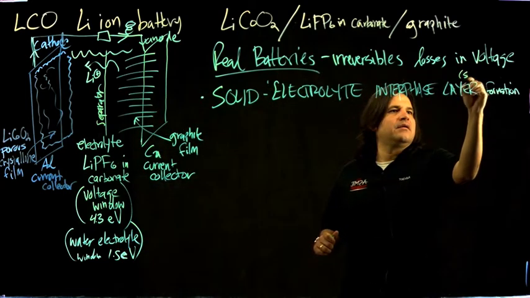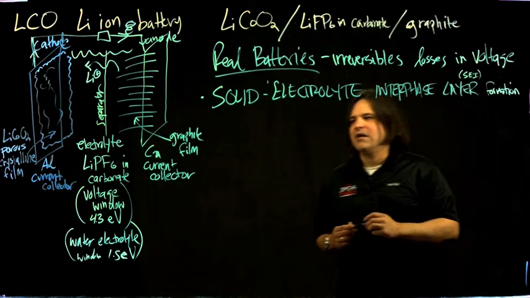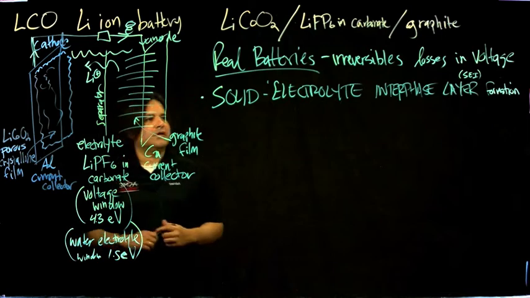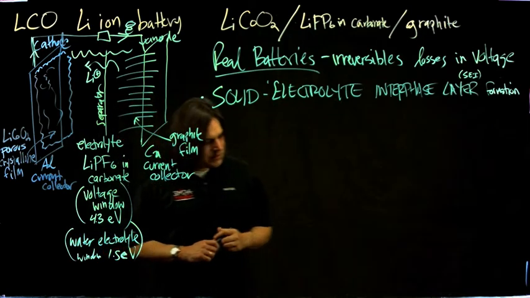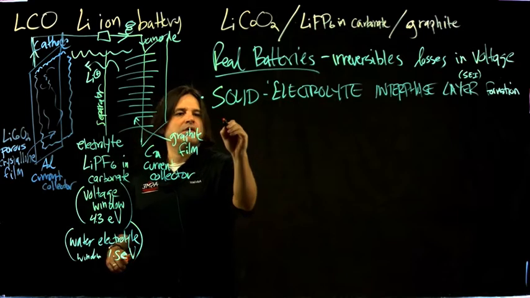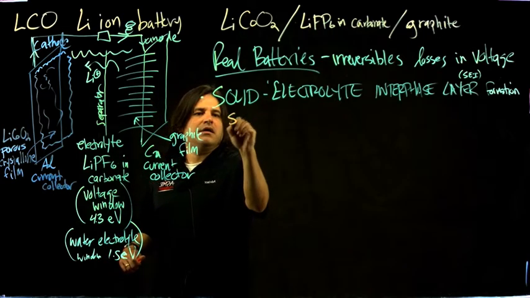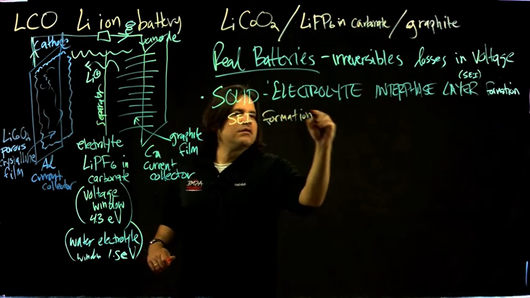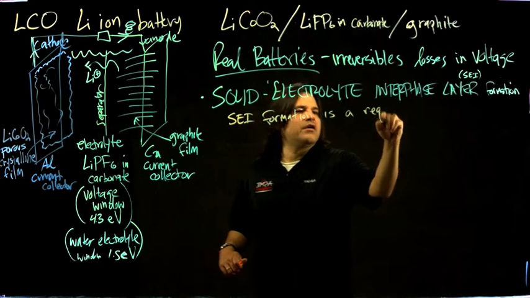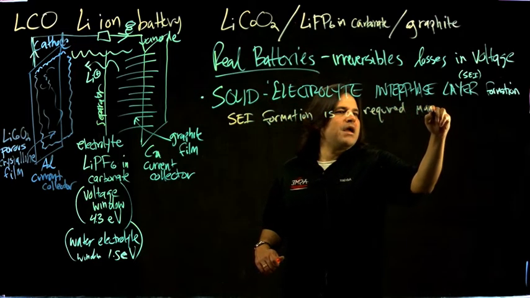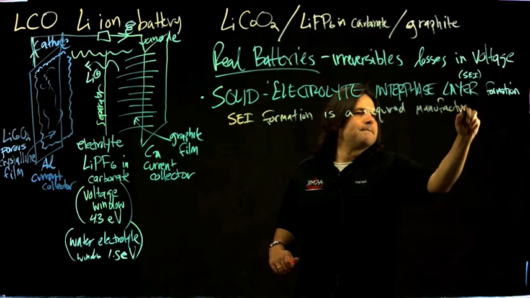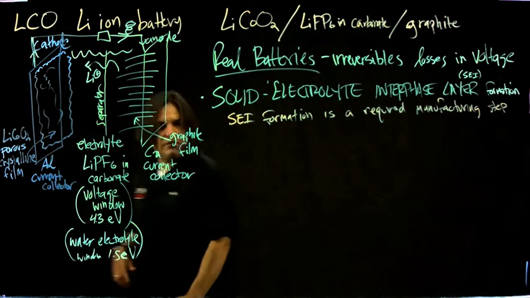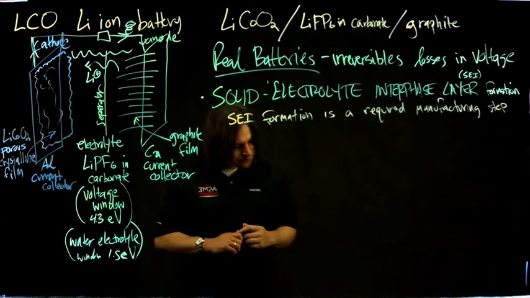Any battery, the first step before you can start using it is you have to form it. SEI formation is a required manufacturing step. So when you're first making the battery, you have to also make this layer.